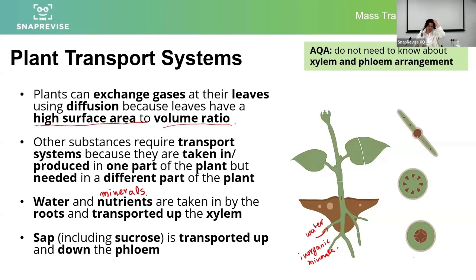And of course, the sap, which is a mixture of water and sucrose, is transported up and down by the phloem. So the two vascular tissues transport different things. This little line here is a cross section through a leaf.